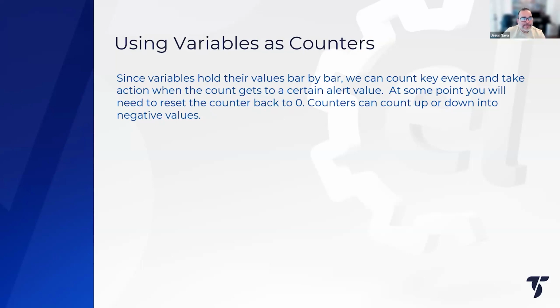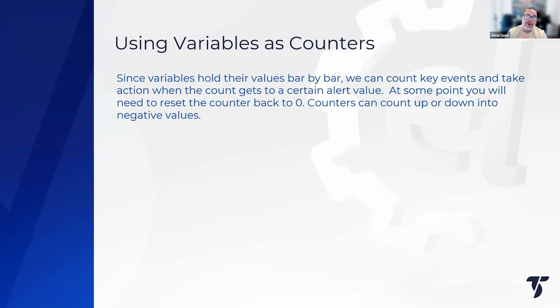We're going to use it as a counter, and the variable, we're going to reset it when a specific event happens. The way that the counter works is that it's going to count every bar that passes in time, whether that bar is a daily bar or a 5-minute bar, so that when the alert happens, the counter will be reset. Now it's going to reset the alert to 0.